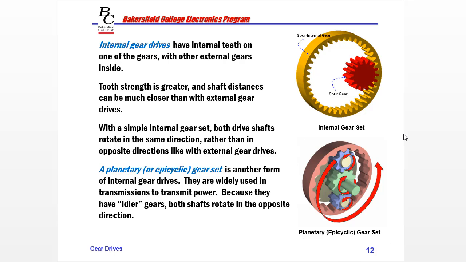So a planetary gear set is another form of internal gear set. It's similar to an internal gear set, but it has additional gears inside. Planetary or epicyclic gears are used to transmit power. I remember several years back, the snowcat from the Forest Service broke down, and we went in to help change the planetary.